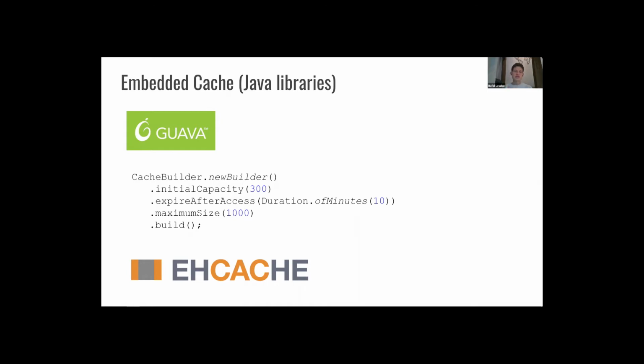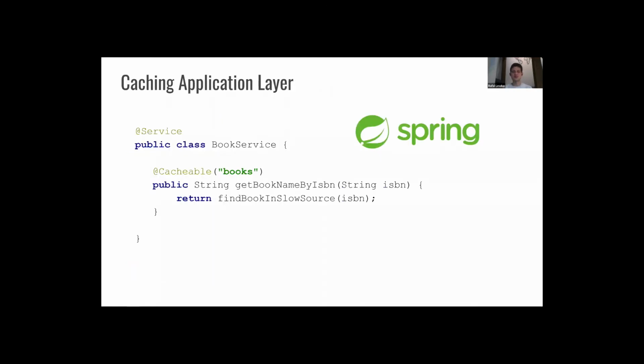Now we can move this caching idea one level of abstraction higher and put the caching into our application framework. In the case of Java, most people use Spring. That is how we could cache a response and speed up our service. With one keyword, Cacheable, we say that every call to the method getBookName by ISBN first checks if the given ISBN is found in the cache called books.